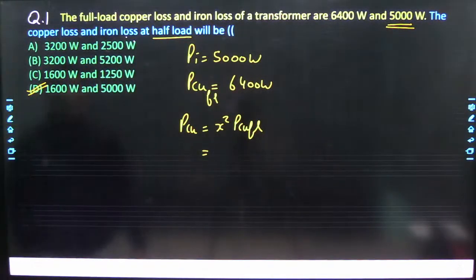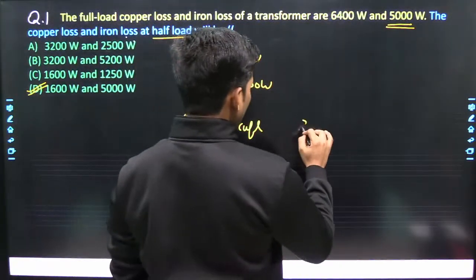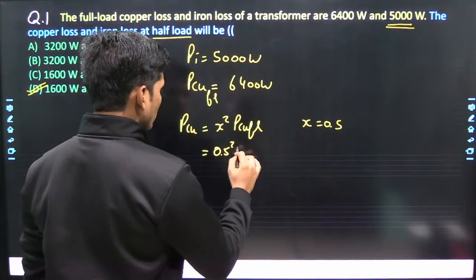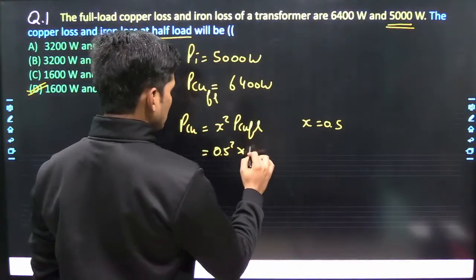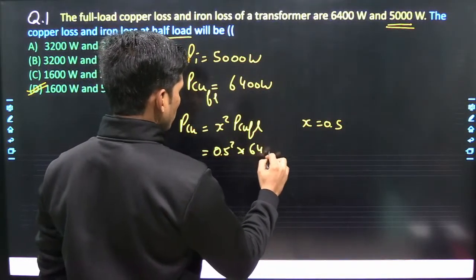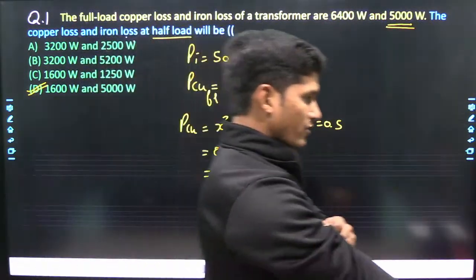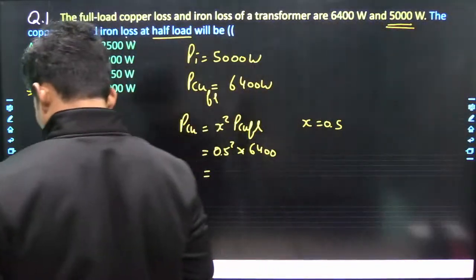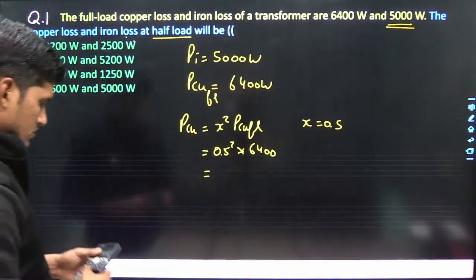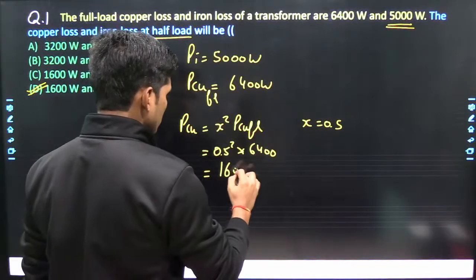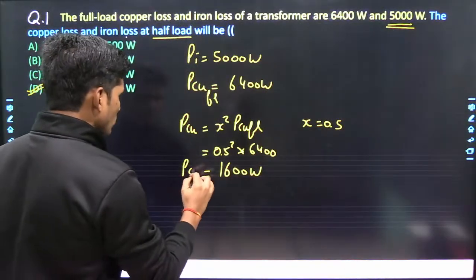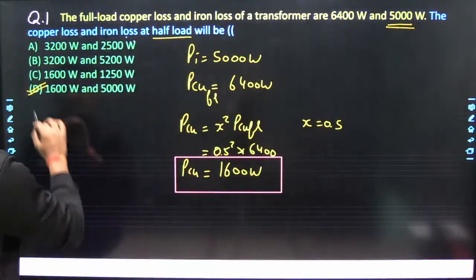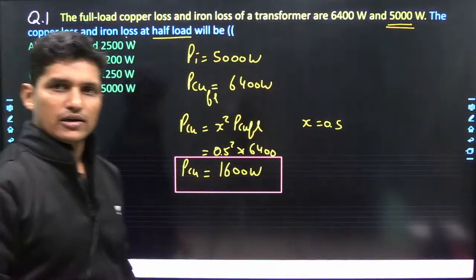Now at half load, that means x equal to 0.5, so 0.5 square into full load copper losses, that is 6400. So the value will be 1600 watt. So at half load the copper losses will be 1600 watts. So option D is the right one.